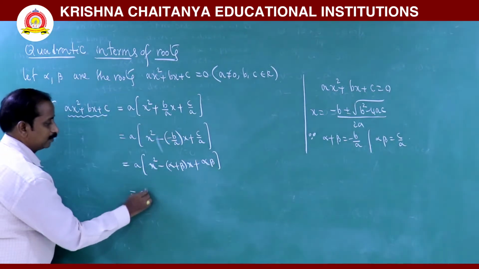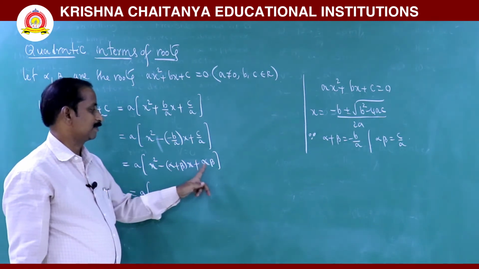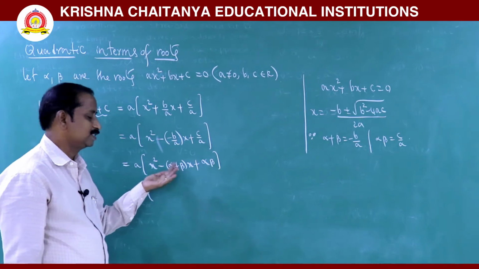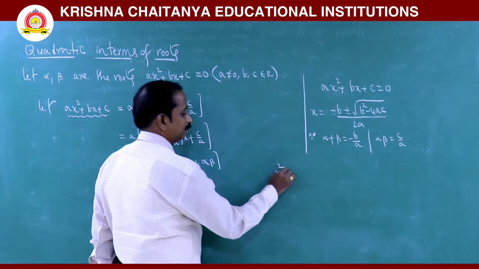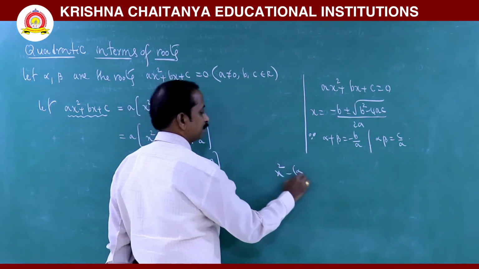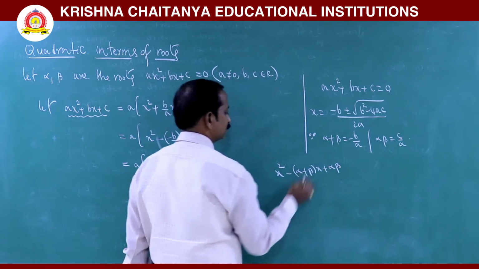Now a into x square minus alpha plus beta into x plus alpha into beta. What is its simplification? Let us observe x square minus alpha plus beta into x plus alpha into beta.